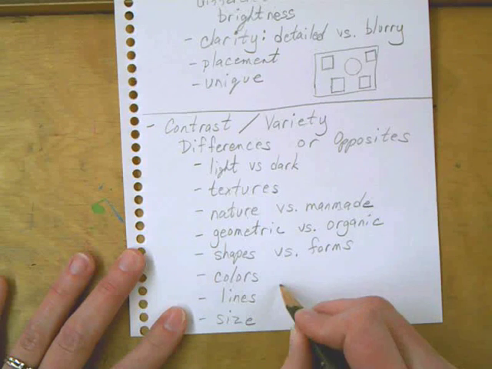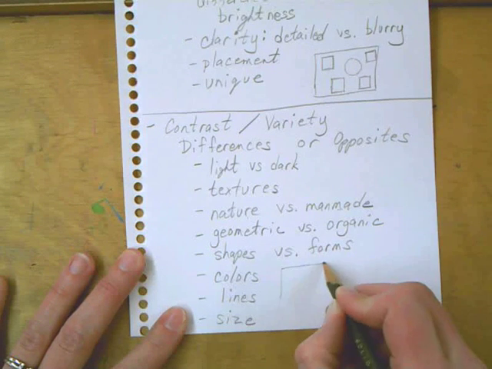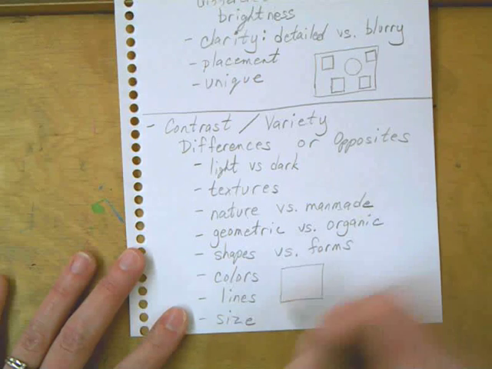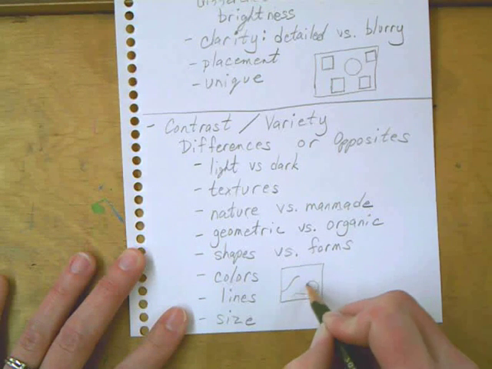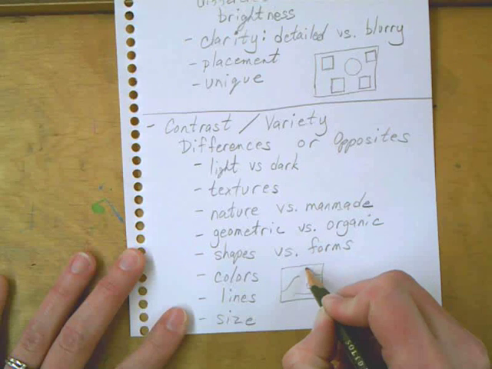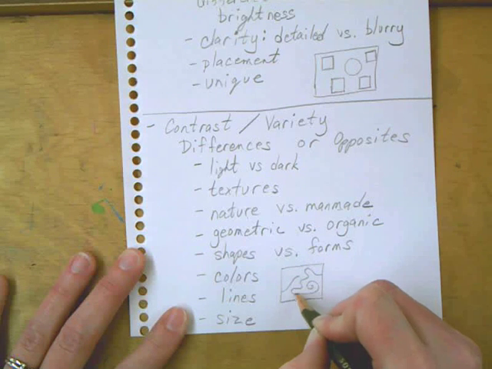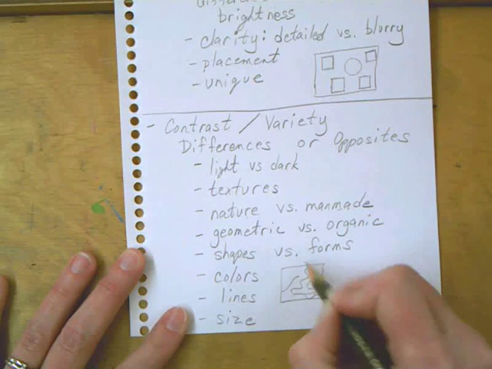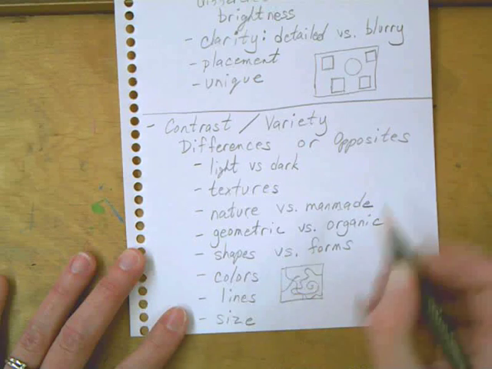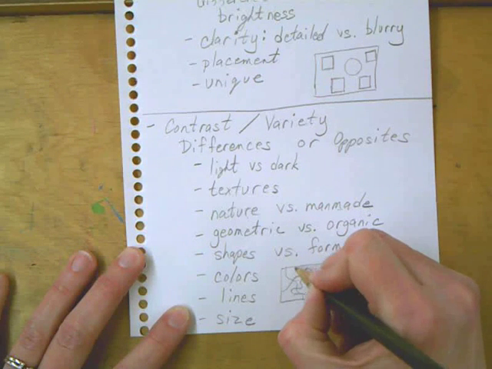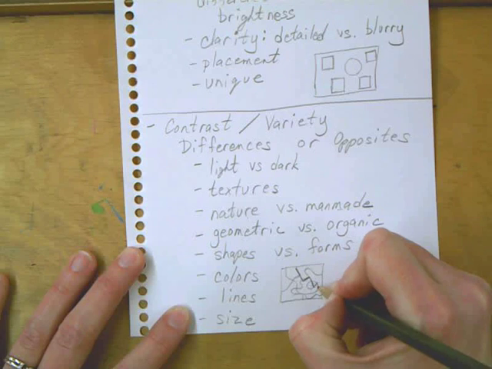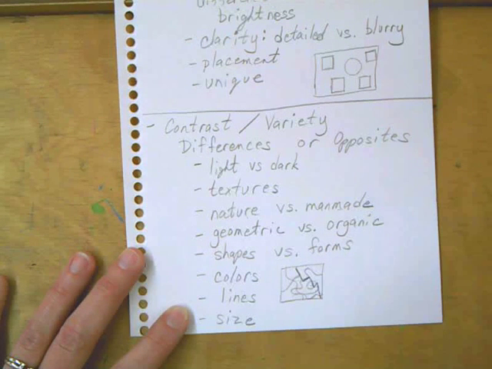When it comes to lines, here's your picture, you might have a bunch of wavy lines, and then if you put a zigzag in there, that's going to stand out, right?